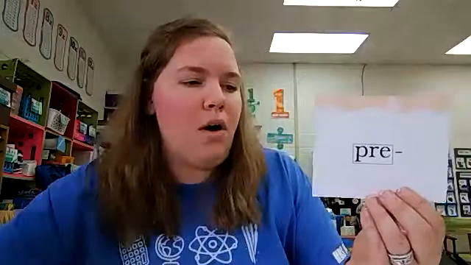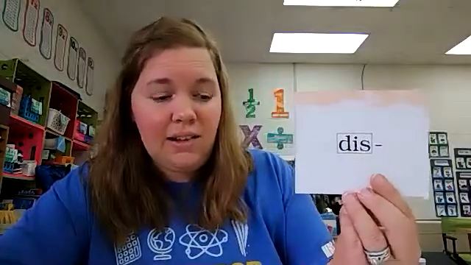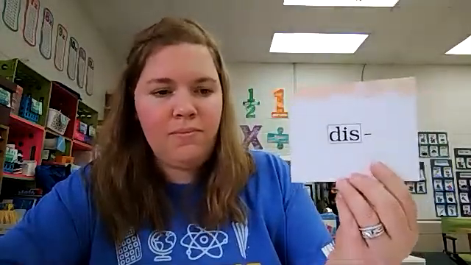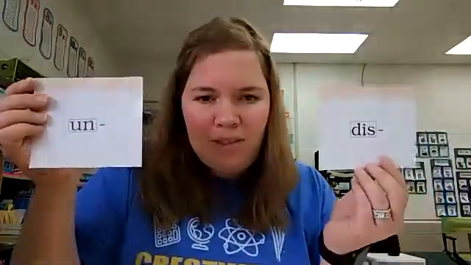Pre means before, like prefix are the letters that come before the root word. Pre-cook, prejudge, pre-read. And dis is another one that means not or opposite. Disbelief, dislike. Okay, so both of these mean the same thing.